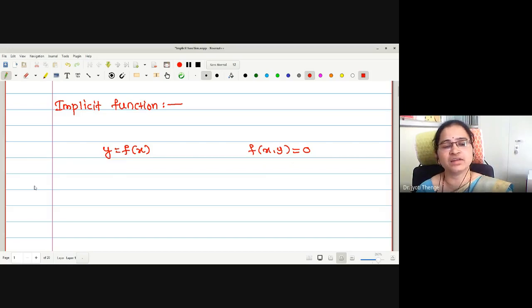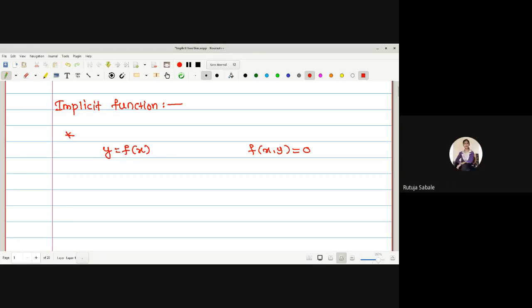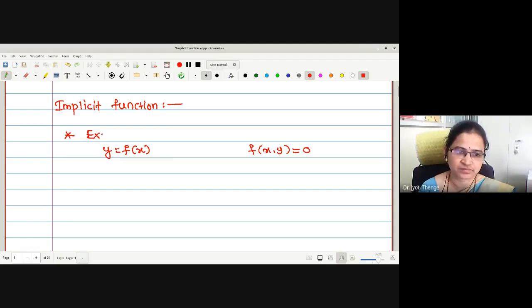Therefore, the idea regarding one variable or two variables should be clear to you. Then only one can understand the theory regarding the many variable function. Right? Y equal to f of x. I said explicit or implicit? Explicit. Good, this is explicit. I've given you a hint, no? And what about this? This is implicit.